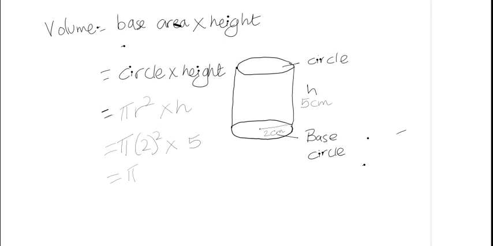So you get pi multiplied by 2 squared, which is 4, multiplied by 5. So 4 times 5 is 20. So you get 20 pi. And then it's going to be centimeter cube because you give volume in terms of centimeter cube. All right? So that's the volume of a cylinder.